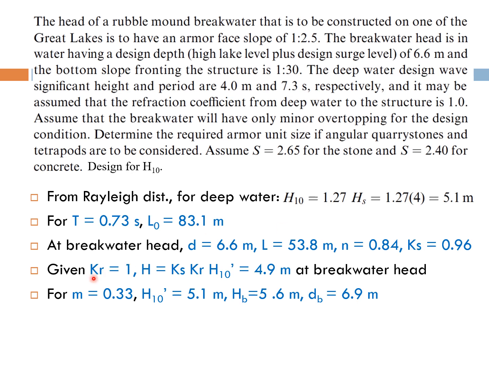Since the refraction coefficient equals 1, we only need to consider the shoaling coefficient. And thus, for the H10 of 5.1 meter in the deep water, after shoaling, the wave height will be equal to 4.9 meter at this location with a water depth of 6.6 meter.